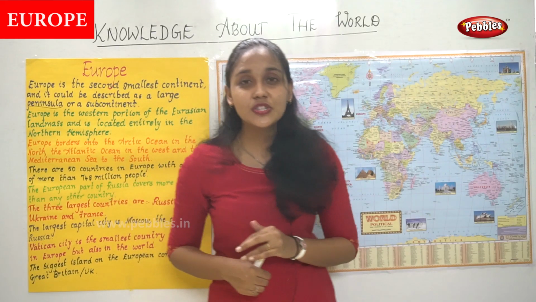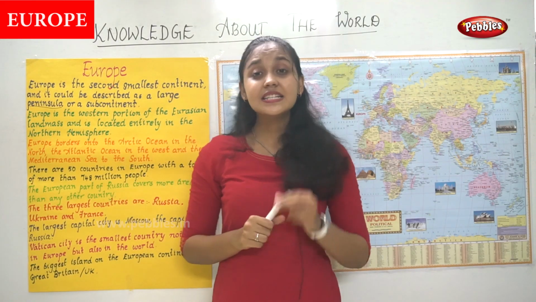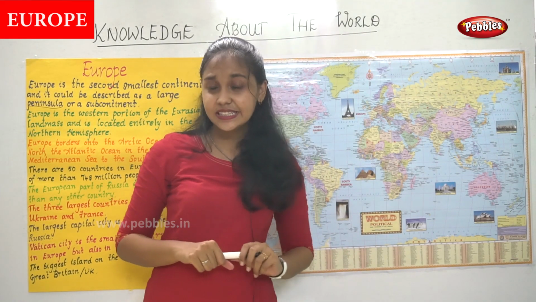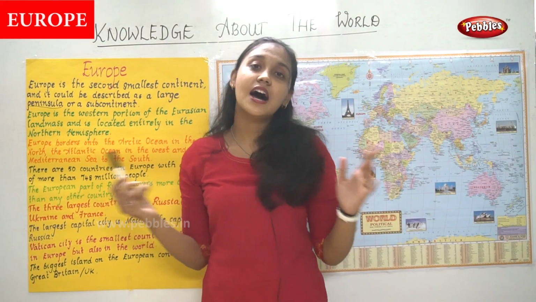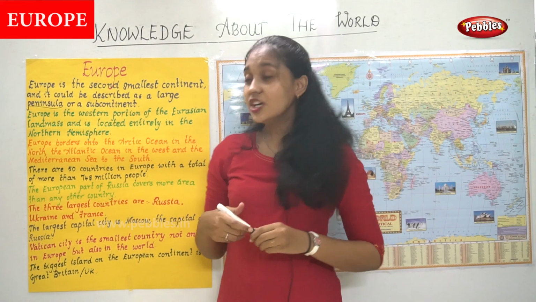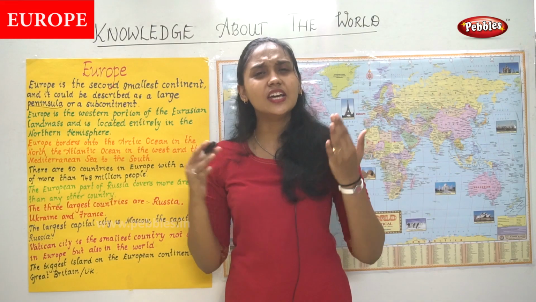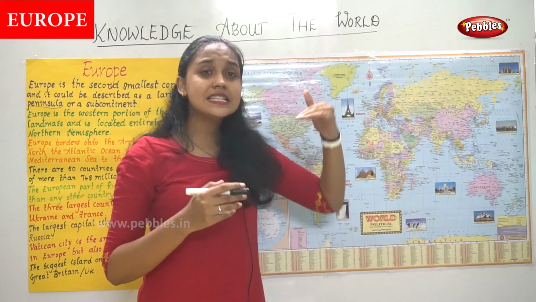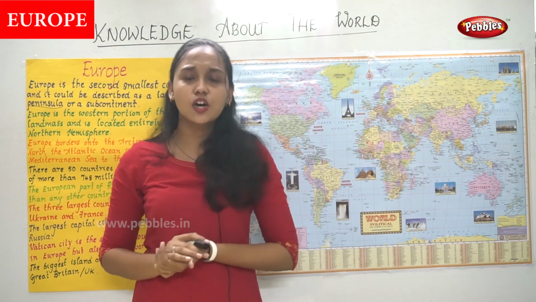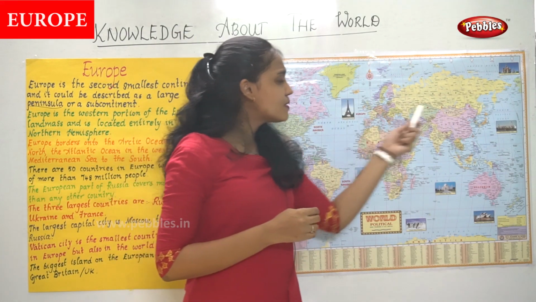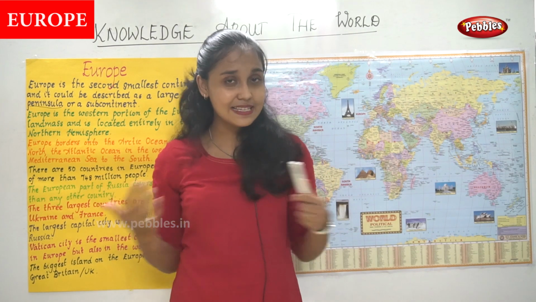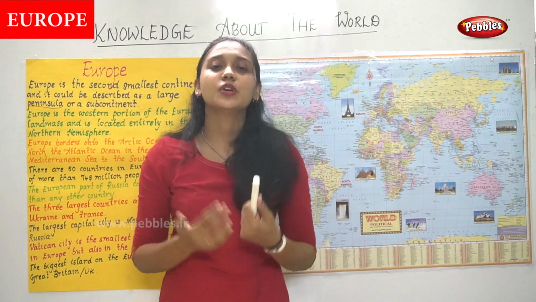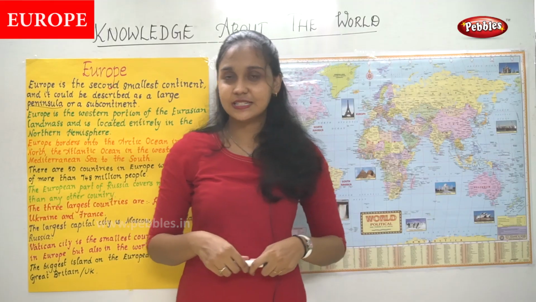So what do we know so far? It is the second smallest continent and it is a large peninsula or a subcontinent. Why are they calling it a subcontinent? Like I told you, a subcontinent is a part of a continent. Since these two masses are not technically separated, sometimes we call it a subcontinent.